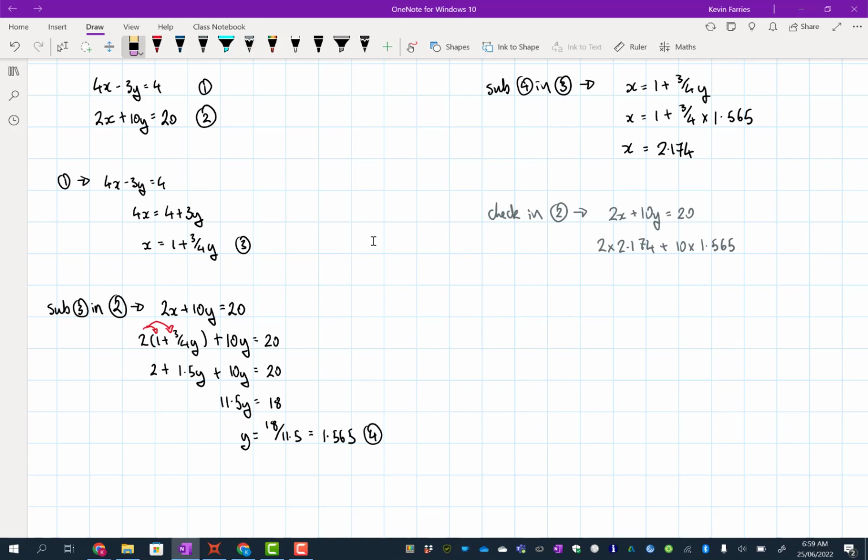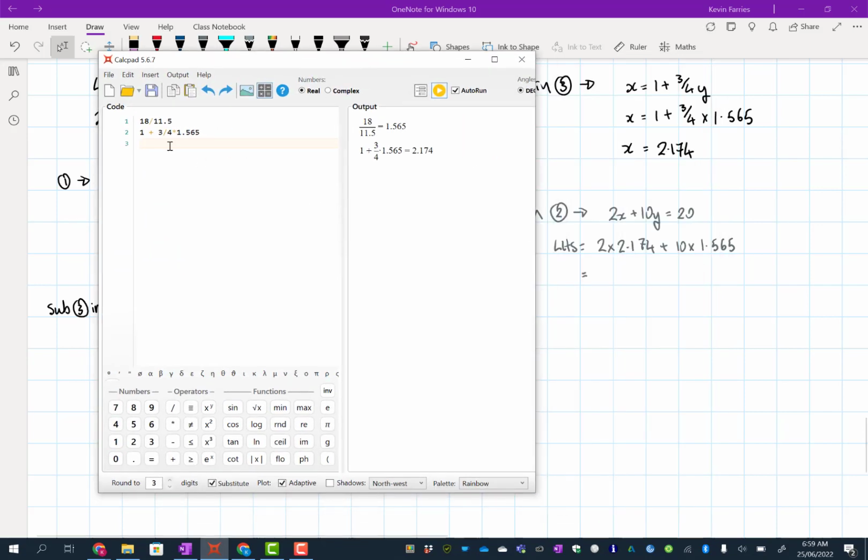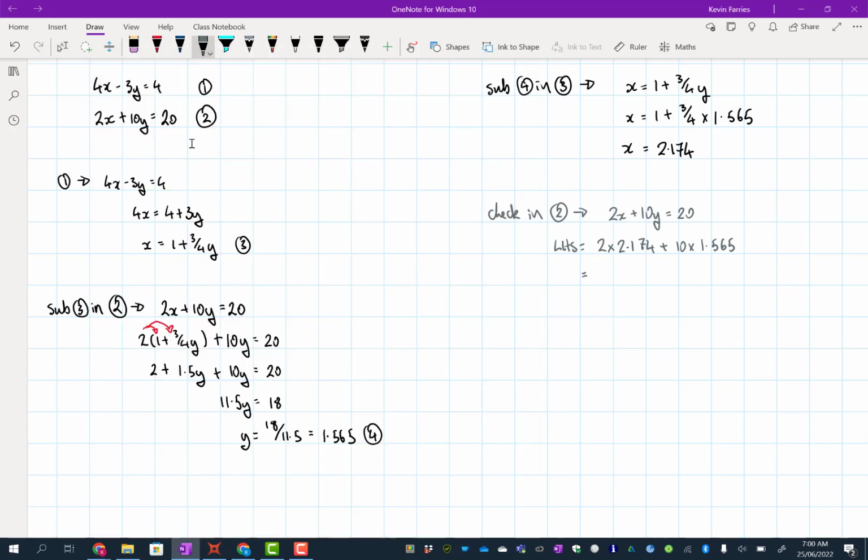You just write out left hand side equals that, which equals 2 times 2.174 plus 10 times 1.565. Cool. Which is pretty much 20, which is what we're wanting, because that is equal to the right hand side.